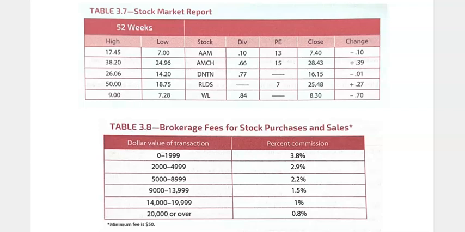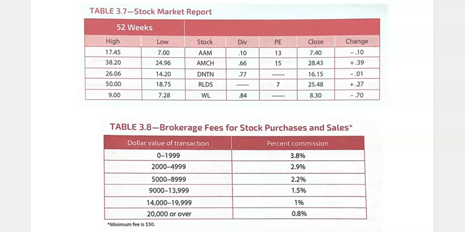That means that the price yesterday was 10 cents lower than the price the day before. But the next column, 39 cents, plus 39, means the price yesterday was 39 cents higher than the day before. That's what the plus and the minus mean.